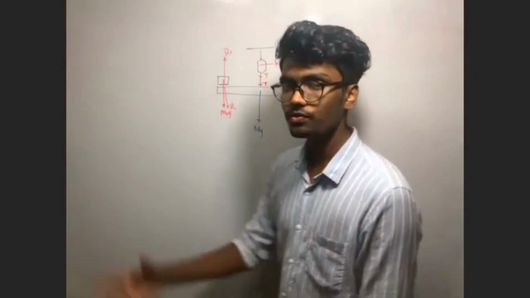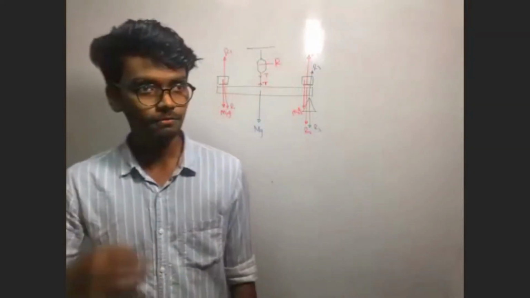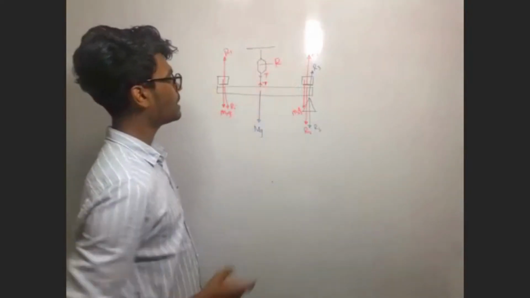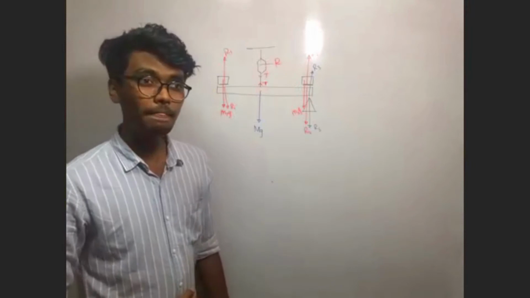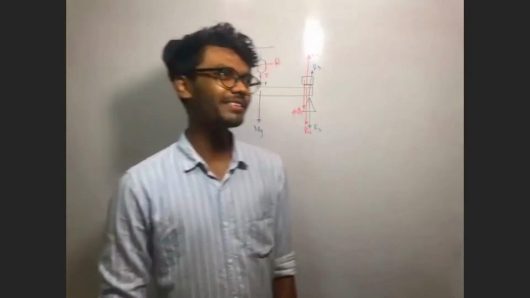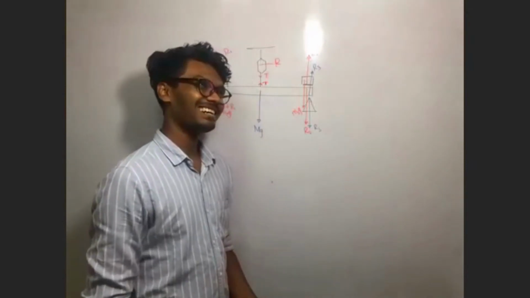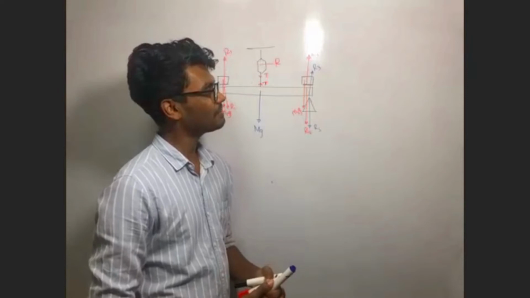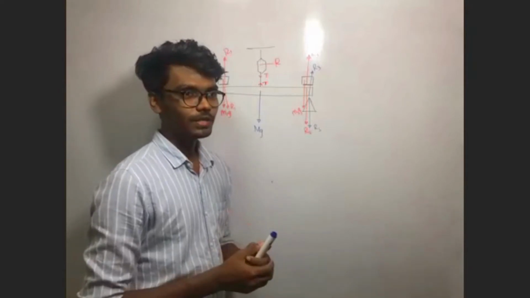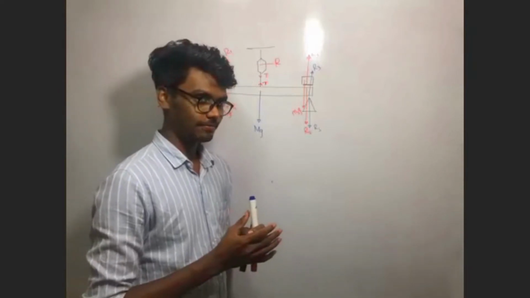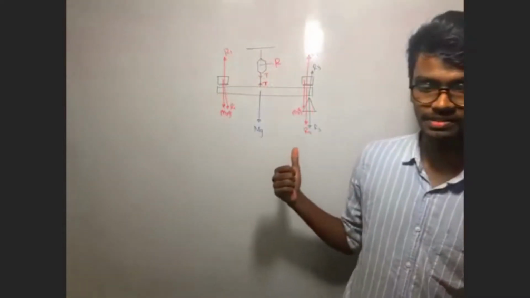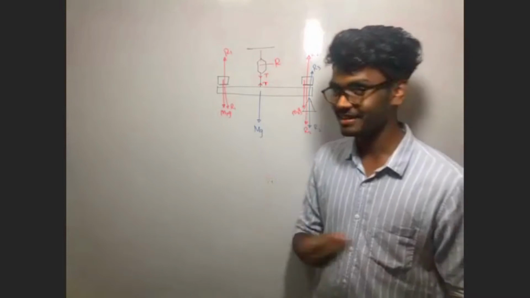In order to find the reading capital R, we will have to find the tension T. Can't we take moments? Yes, you can take moments, but before that, if you are solving this for the first time, you might think it's a very complex question, but there's nothing to do in this.